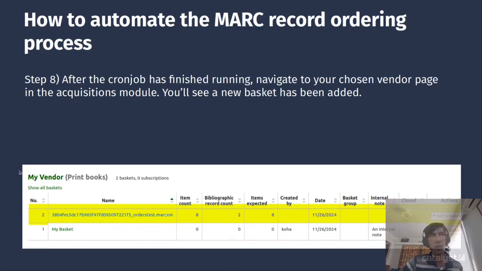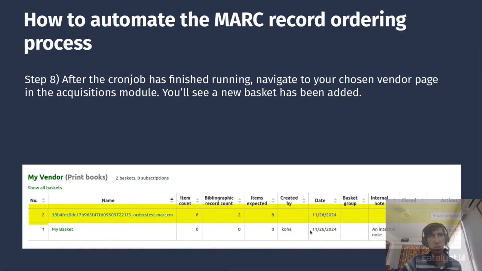The vendor that I created the MARC order account with was called My Vendor. It's just a test vendor I've created. And we can see highlighted in yellow a new basket under this vendor. I haven't created the basket. Koha automatically created it using that MARC XML file that I uploaded but didn't stage.